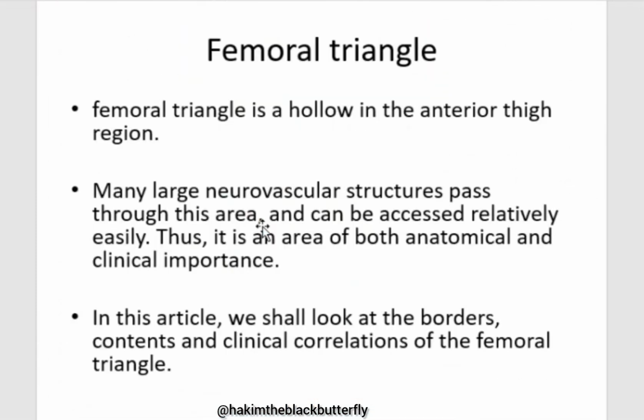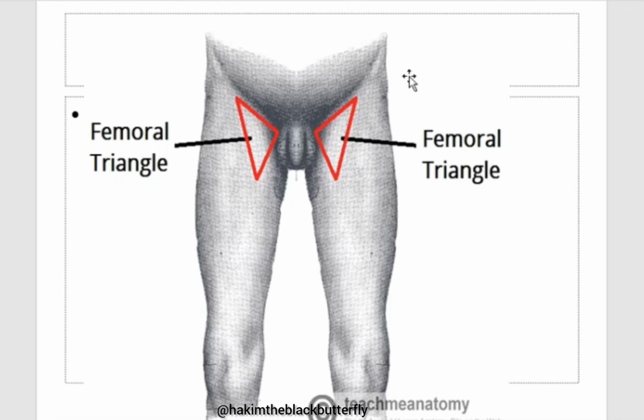Now, I want you, members, to go and read about the femoral triangle and understand it. It's very important for you to appreciate. There's a triangular region on the anteromedial aspect of the thigh.